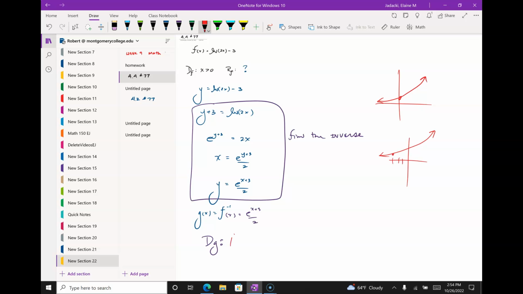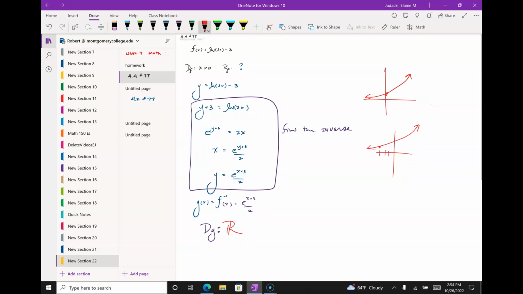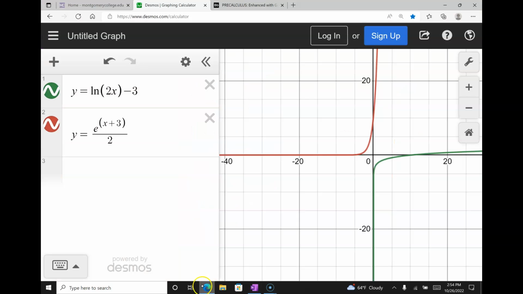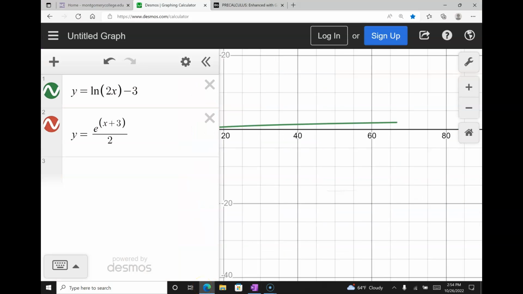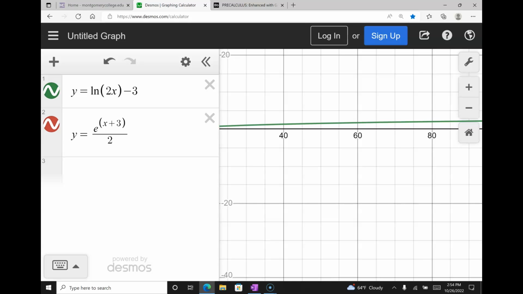So the domain here is all reals, which means my range here is what? The domain of the inverse is the range of the original. So this thing does not get cut off. This green graph goes up and up and up forever, but really, really slowly. It takes forever to get there.